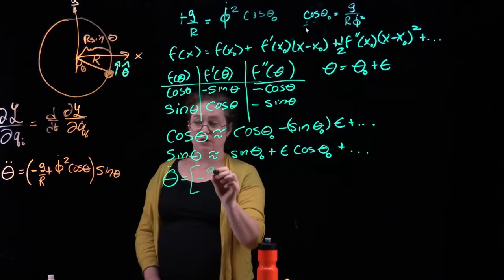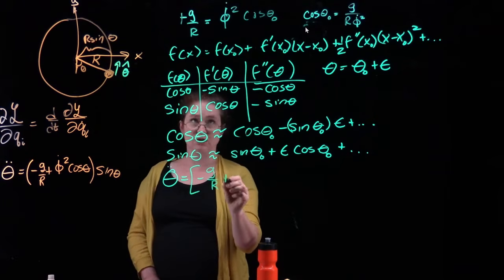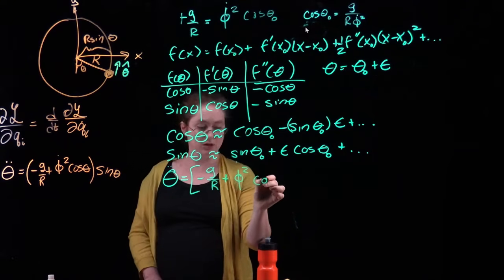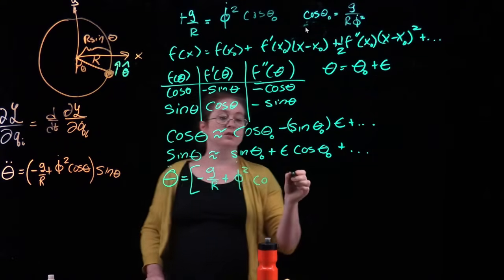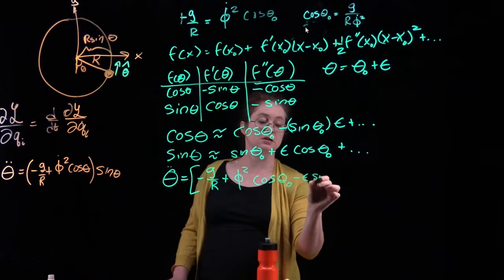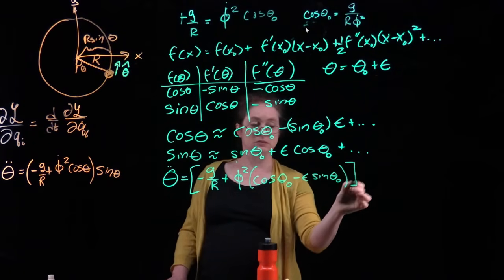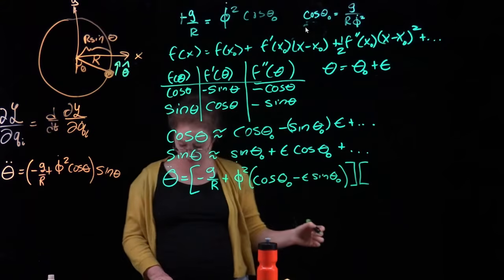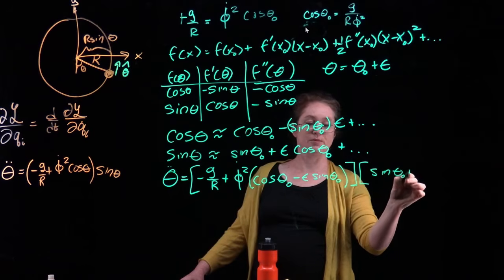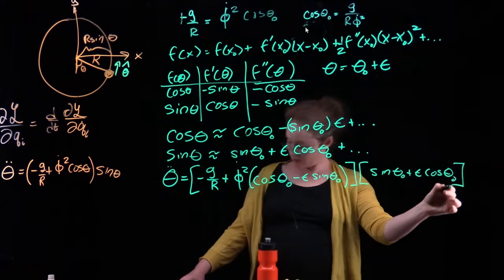our negative g over r term is not modified at all, but here we have our phi dot squared, and then this is cosine theta naught minus epsilon sine theta naught. And then this is multiplied by sine theta naught plus epsilon cosine theta naught.